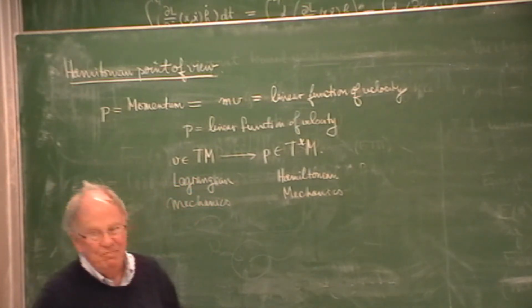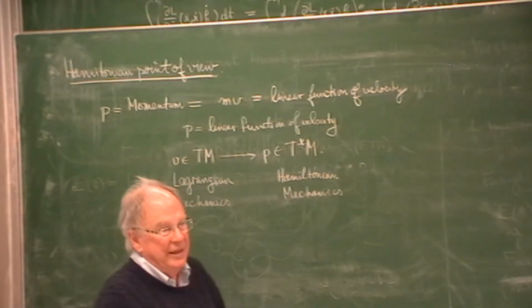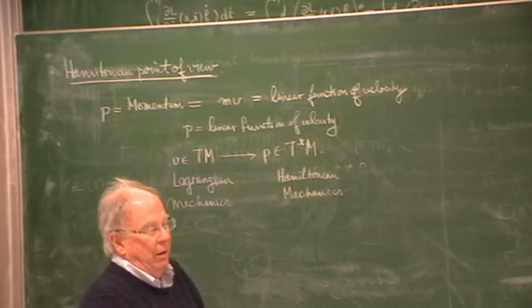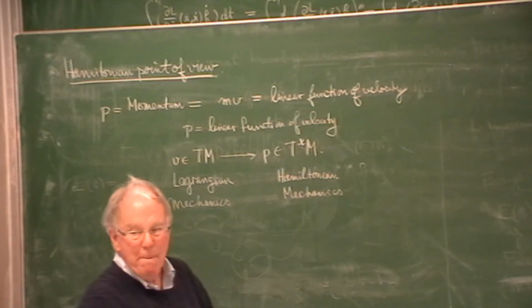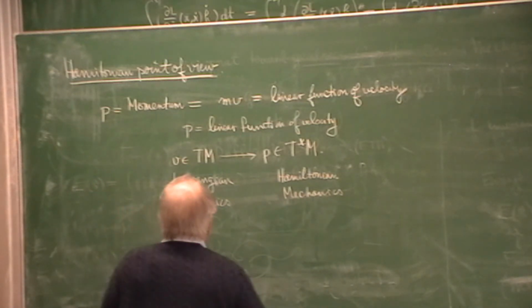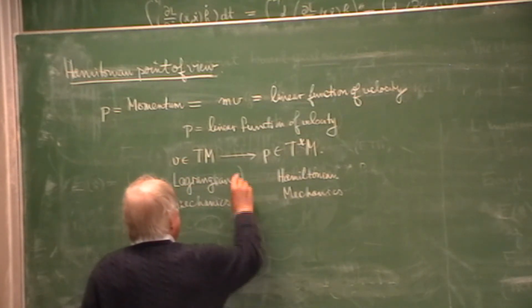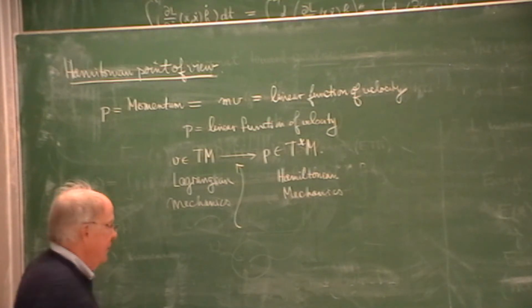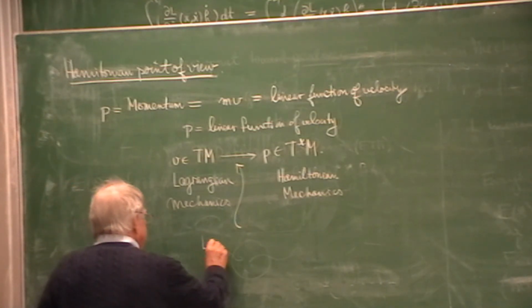And it's the same. And the Hamiltonian viewpoint is, in my opinion, very much more powerful. So this connection here, in the sense of how to go from one place to another, is called the Legendre transformation.